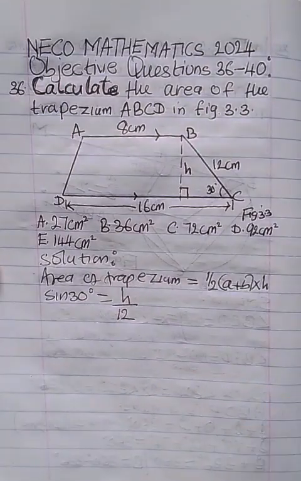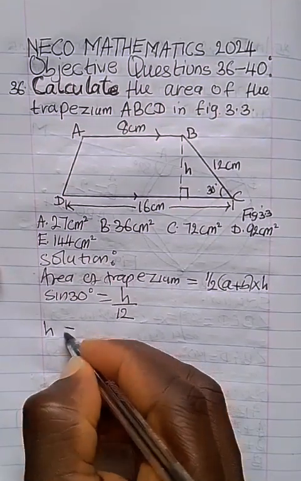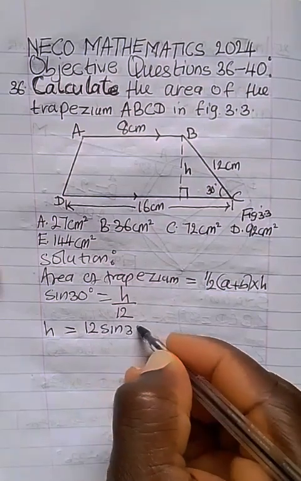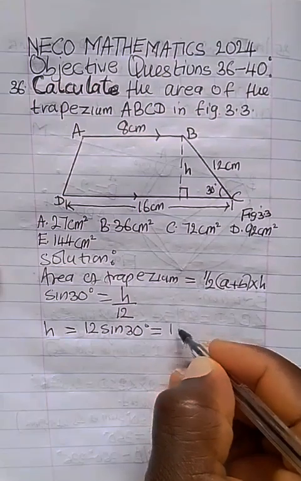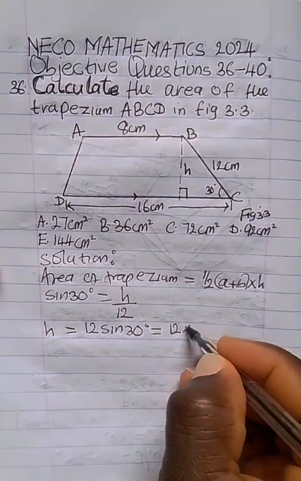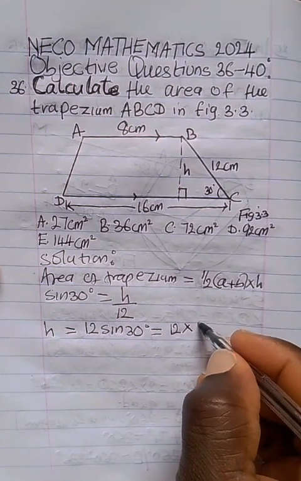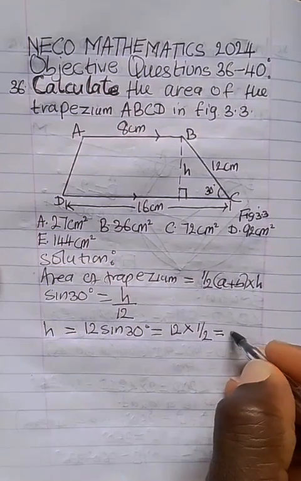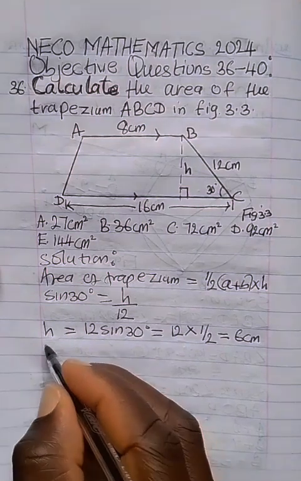If you clear fraction, we have h equal to 12 sine 30 degrees. This is equal to 12 times 0.5, that is the same as 1/2, and the height is 6 centimeters.